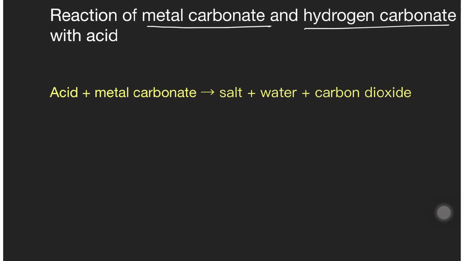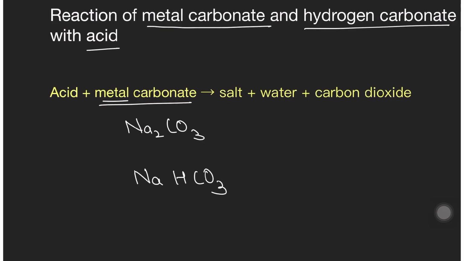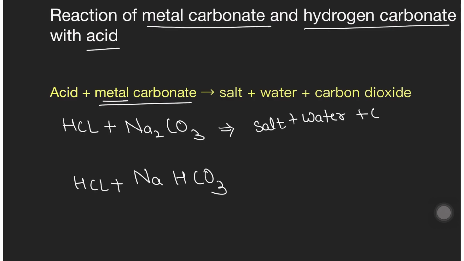Next we have the reaction of metal carbonate and metal hydrogen carbonate with acid. One metal carbonate, let it be sodium carbonate, and metal hydrogen carbonate, let it be sodium hydrogen carbonate. In both cases, when they react with the acid, let it be HCl, we will get the same products: salt, water and carbon dioxide.